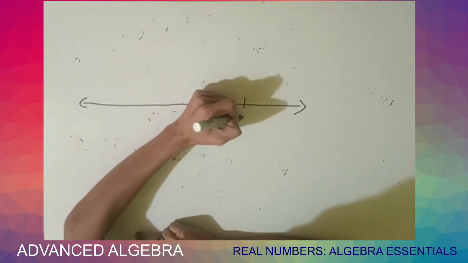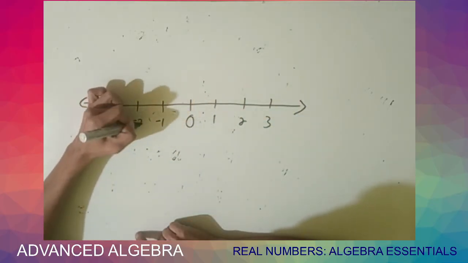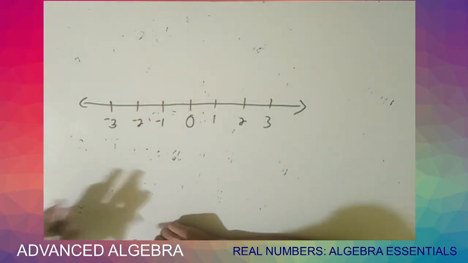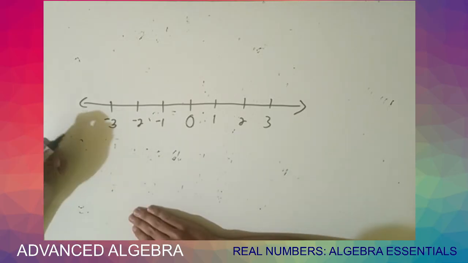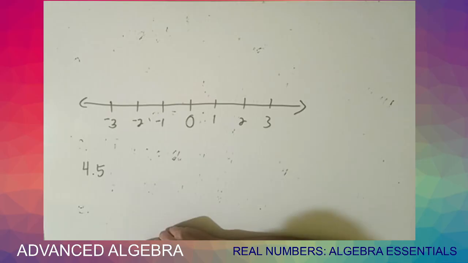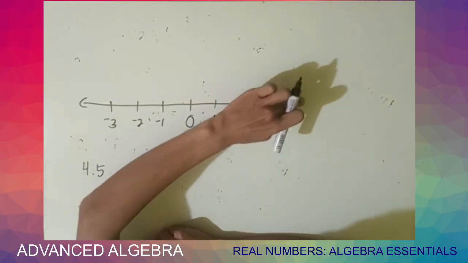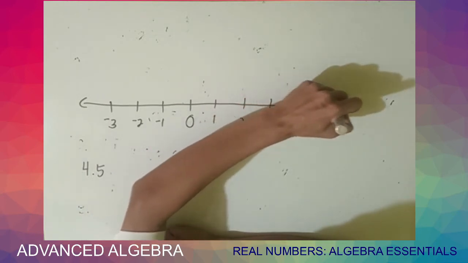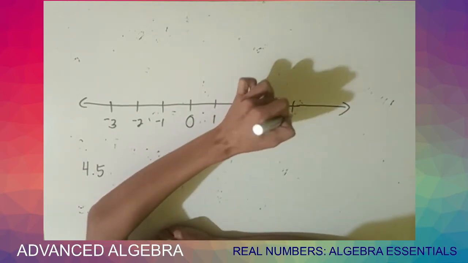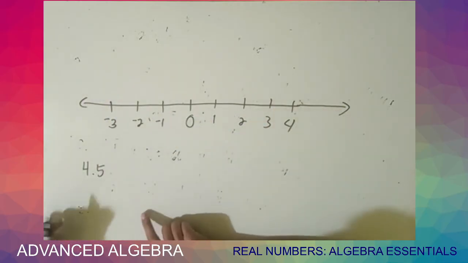So 1, 2, negative 1, negative 2. Yeah. So parehas lang naman yung nakalagay doon kanina. So for example, si 4.5. So ilalocate natin si 4.5. So saan ba siya? So extend natin. Okay, in-extend ko lang ha, pero nasa gitna pa rin si 0. Okay?